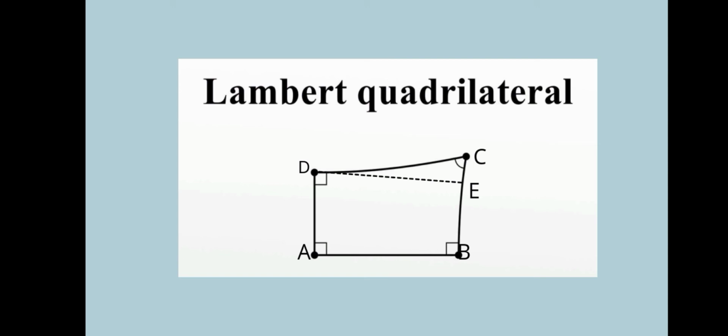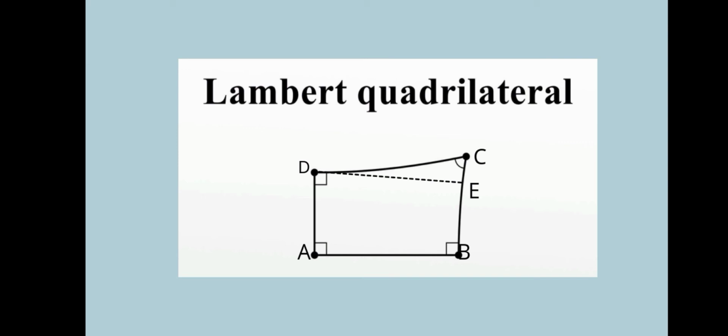Next, assume that BC equals AD. Then angle ABC equals angle BCD, and it is a right angle since ABCD would again be a Saccheri quadrilateral. However, we proved that angle BCD is obtuse.